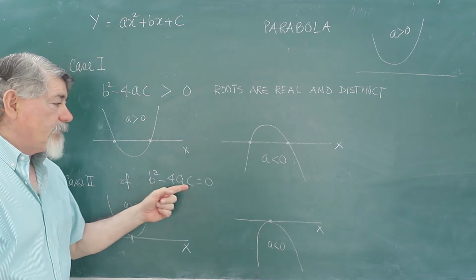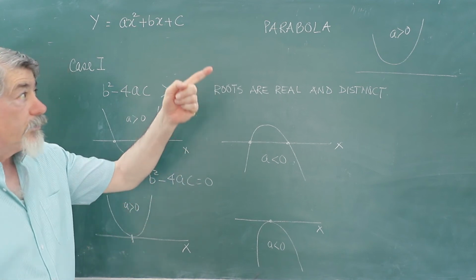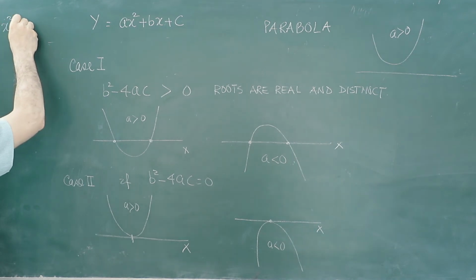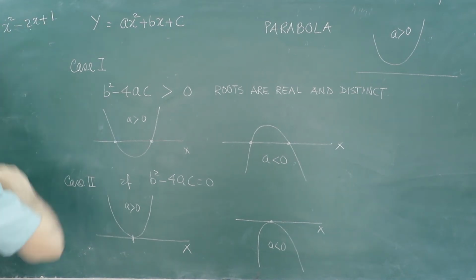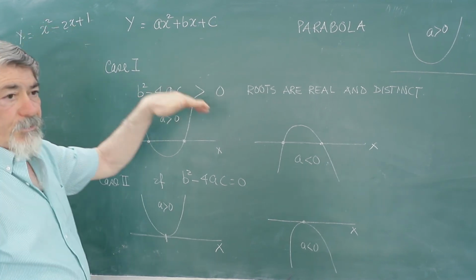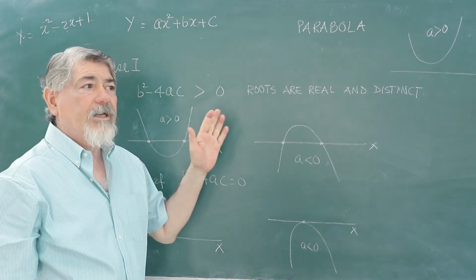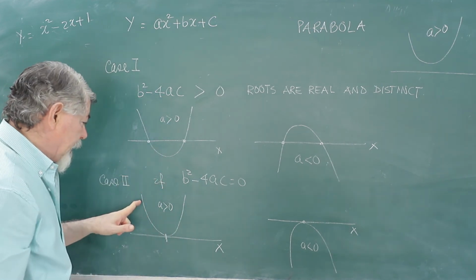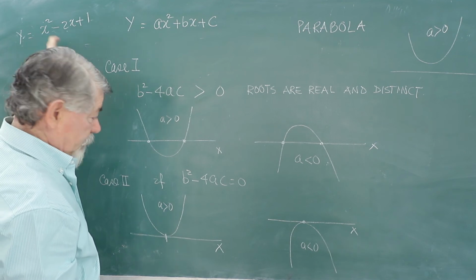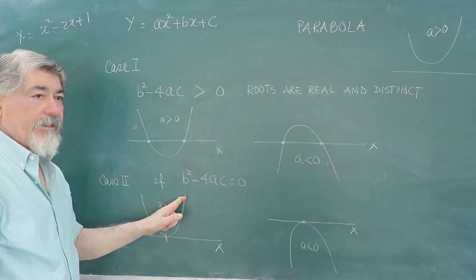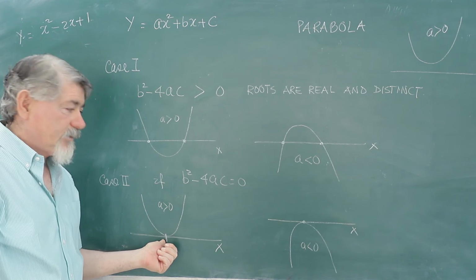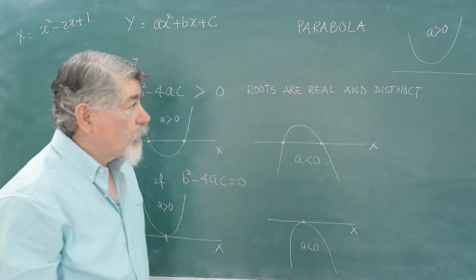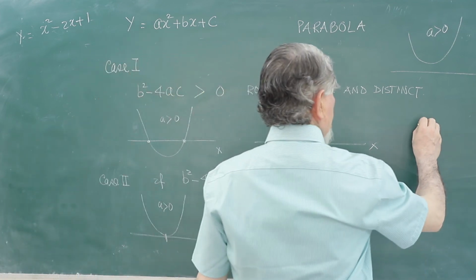But when b square minus 4ac is 0 and you draw the curve of, for example, y is equal to x square minus 2x plus 1, you give different values to x, corresponding values of y will be calculated, and you draw a curve between x and y, you will get a curve of this kind, because here A is positive. It will be touching the x-axis at one point, and here also it is touching the x-axis. And what about the third case?